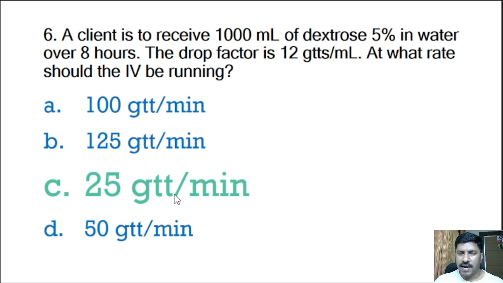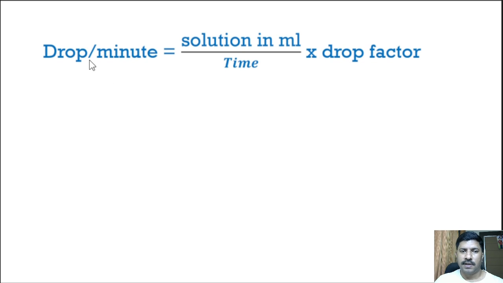How to find this answer? Once again, the total amount to infuse is 1000 milliliter. The time duration is 8 hours, so we need to convert 8 hours into minutes, 8 into 60. The drop factor is 12. So all the values are available here and we just need to apply them. Formula: drops per minute equals solution in milliliter divided by time multiplied by drop factor.